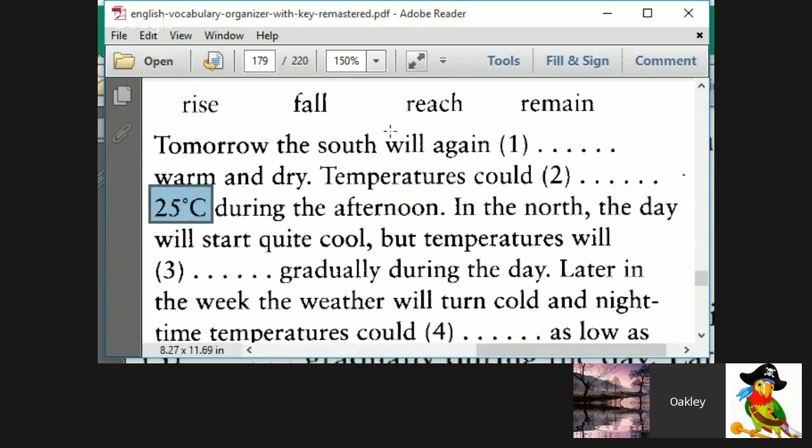That would be logically speaking fits grammatically. Temperatures could rise 25 degrees during the afternoon. That is an amazing swing in temperatures.